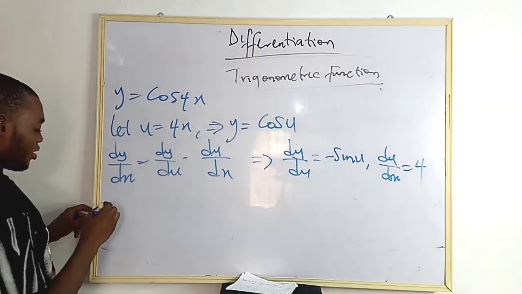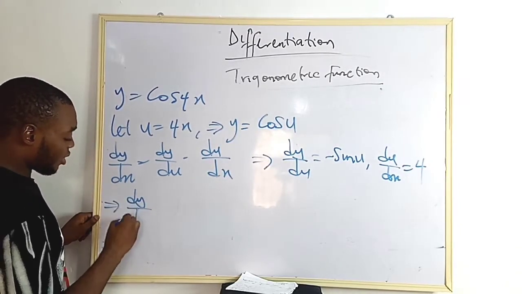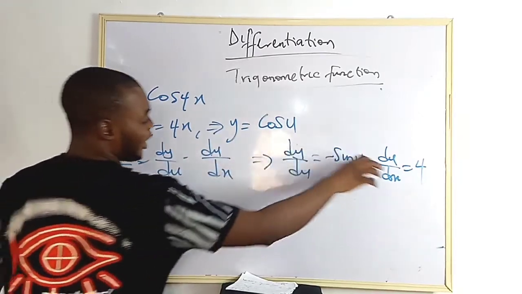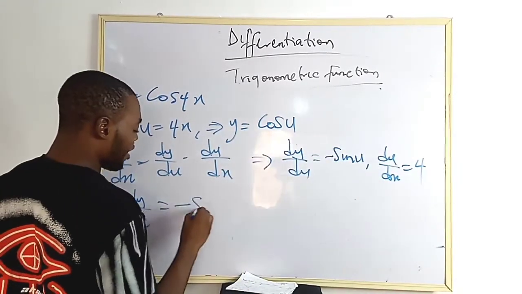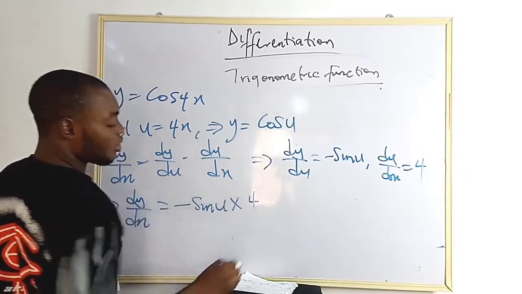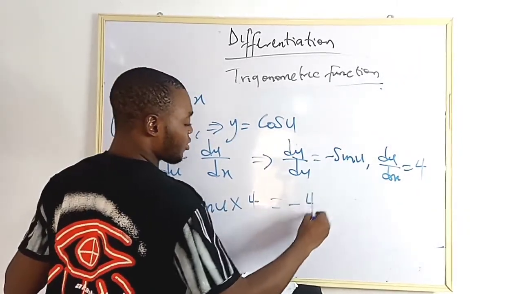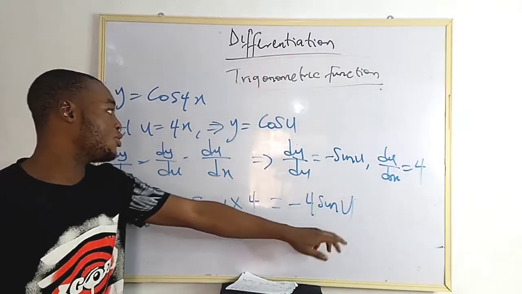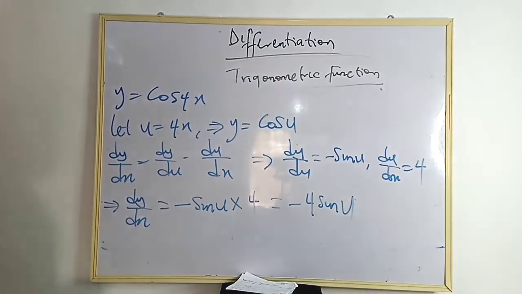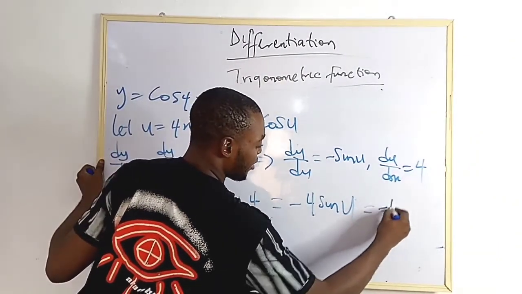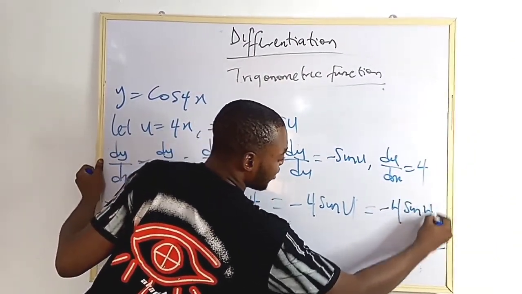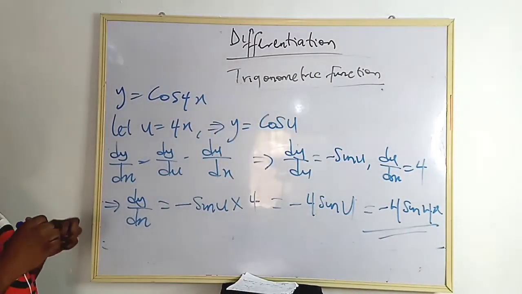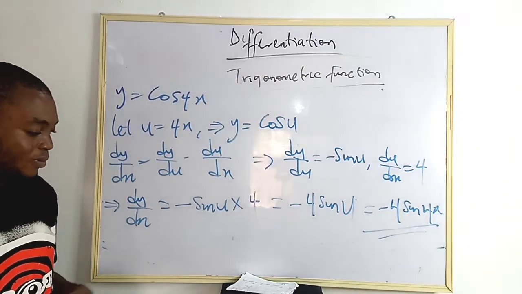Now dy/dx will be equal to dy/du times du/dx, which is minus sine u times 4, equal to minus 4 sine u. But don't forget that our u is equal to 4x. So this is equal to minus 4 sine 4x. And that is the derivative of cos 4x: minus 4 sine 4x.